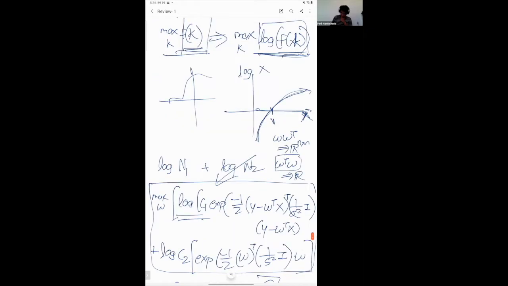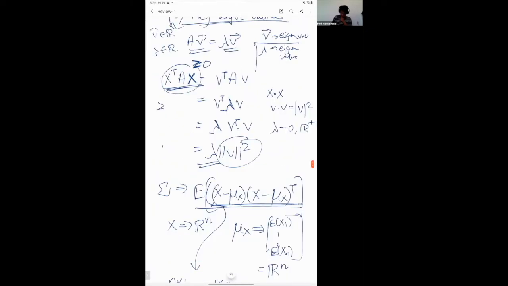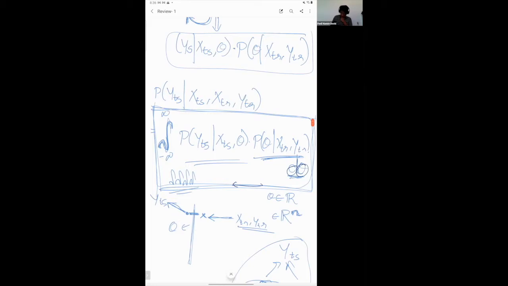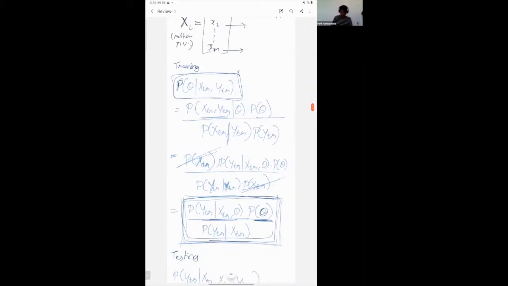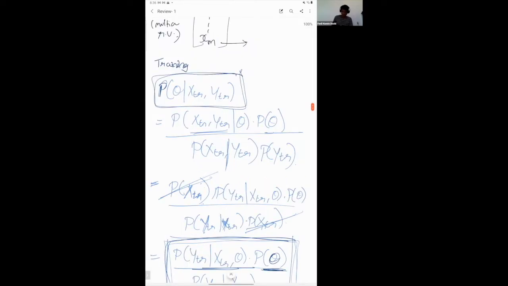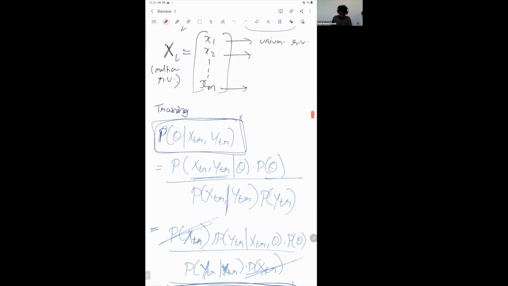So people had some doubts in this derivation. In training, what we are trying to do is, we have X train and Y train.